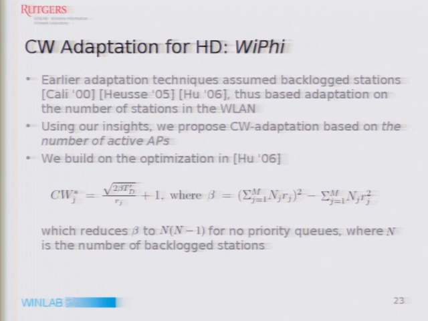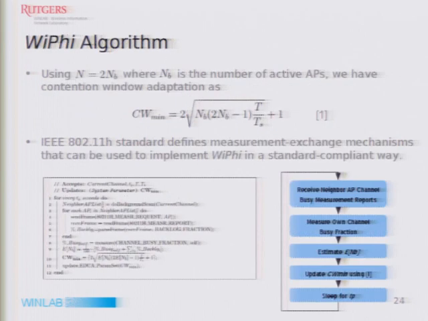If you reduce it to a single queue case and replace the number of backlogged stations with 2 times the number of access points, you get this simple centralized formula for the contention window that you should set on these access points.